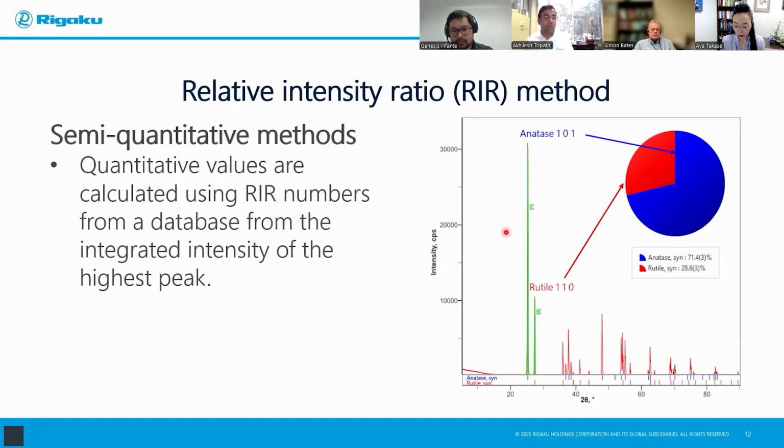So if you collect your pattern and mix it with corundum, you generate an RIR number based on the highest peak of your phase compared with the highest peak of corundum. And this RIR number will then act as a scale factor for you to compare the ratio of any two phases, any three, any number of phases mixed into it. So these are simple semi-quantitative methods that can be employed in X-ray diffraction. Using the RIR technique, you can tell the amount of each of the phases.